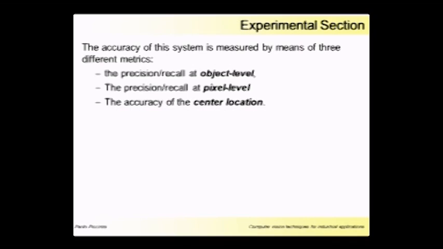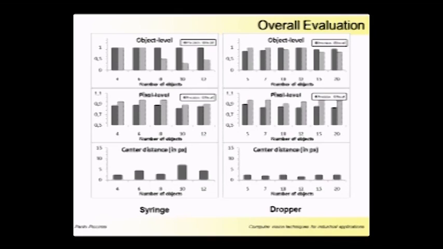Finally, the last metric computes the distance between the projected picking point and its real position. These are a couple of examples of these three metrics. Of course, you can find many other results in my thesis, and the results reported here are for a syringe and a dropper.